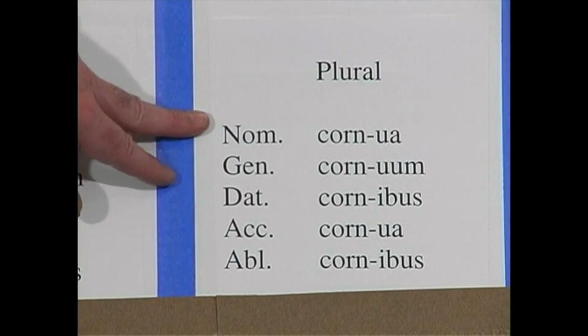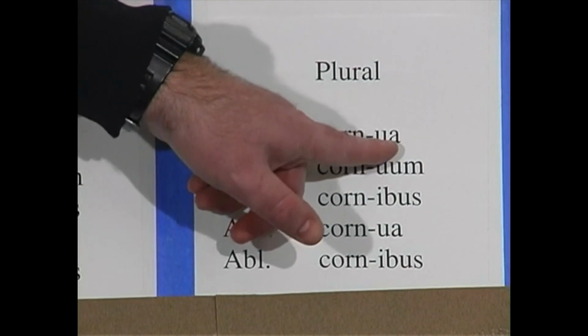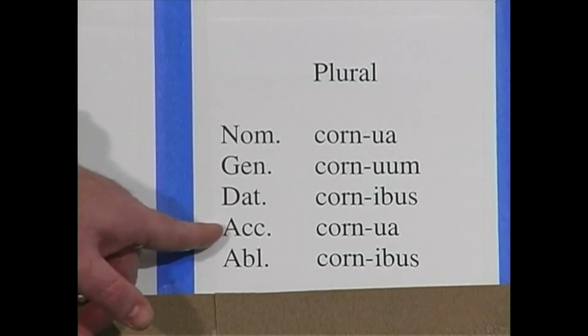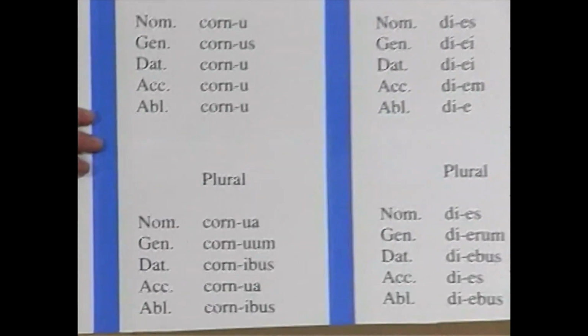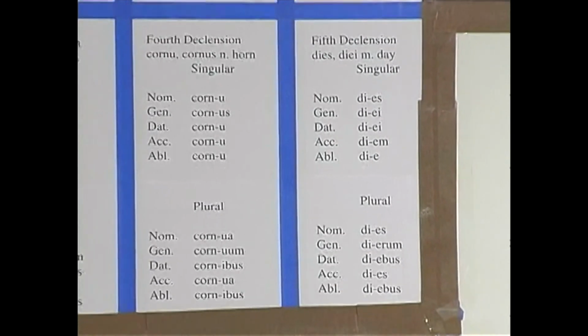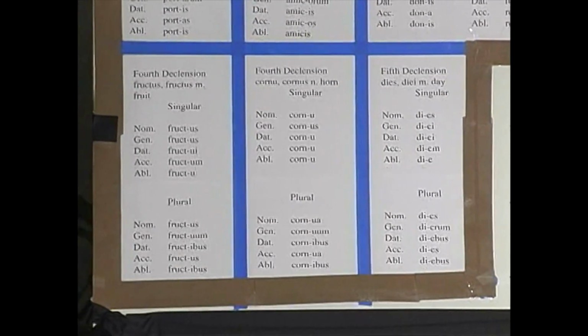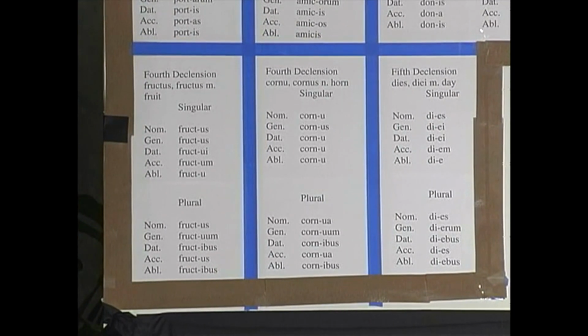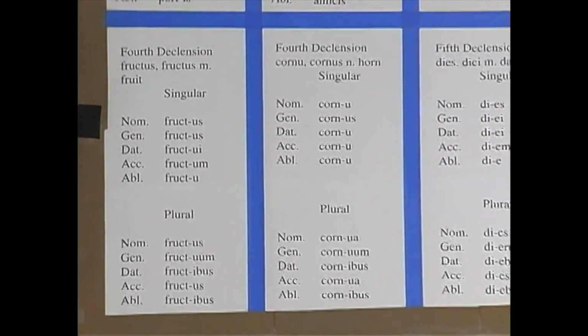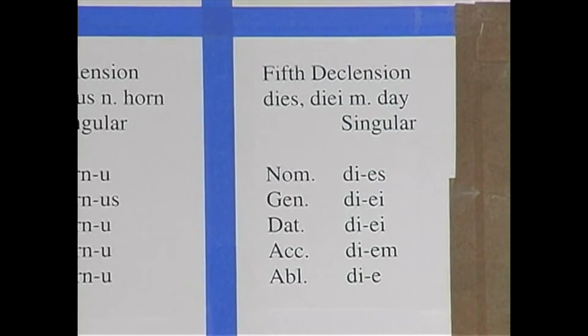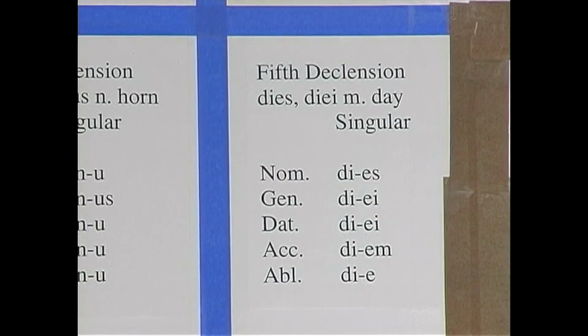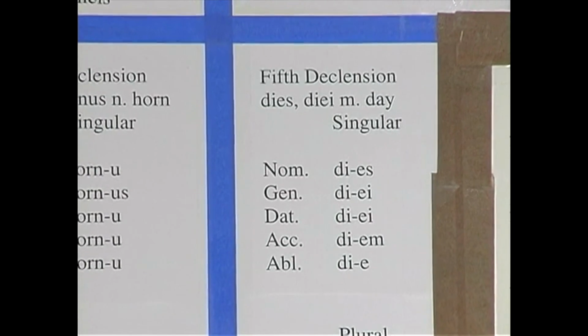And ua, you've got the a there in the nominative plural, and then the accusative is the same. So the fourth declension, the characteristic vowel of this declension is u. In our next session, I'll introduce the fifth declension of the Latin noun system, and we'll do some practice and then move on to our next lesson.